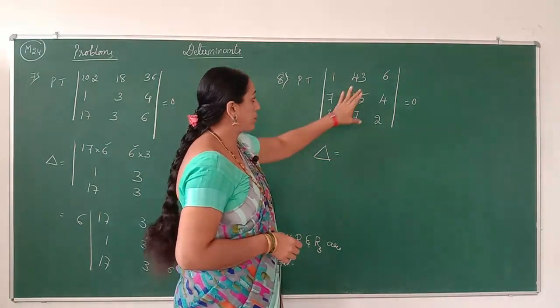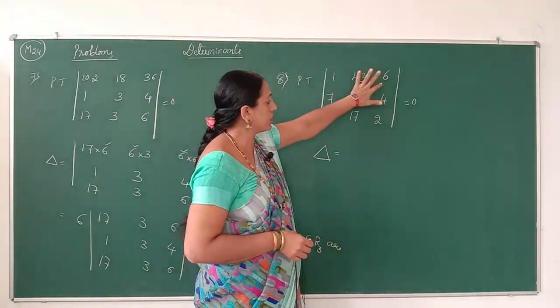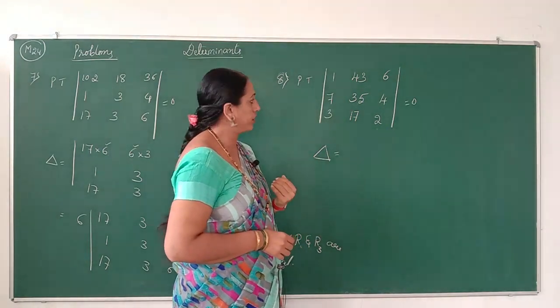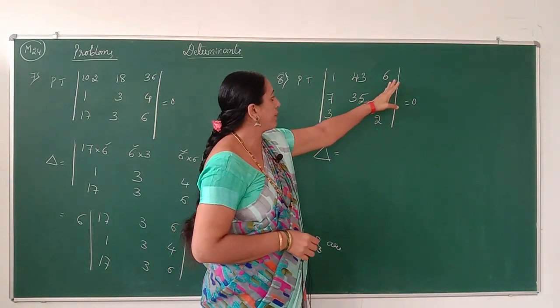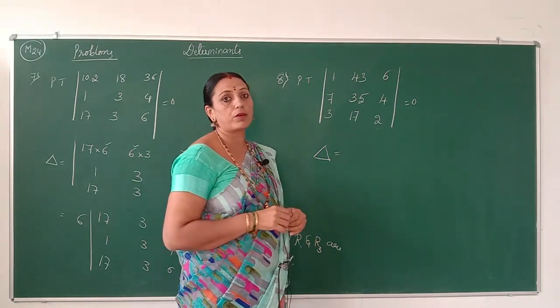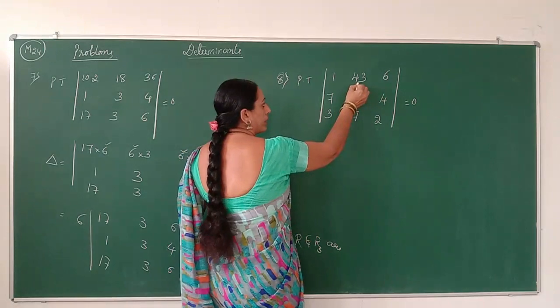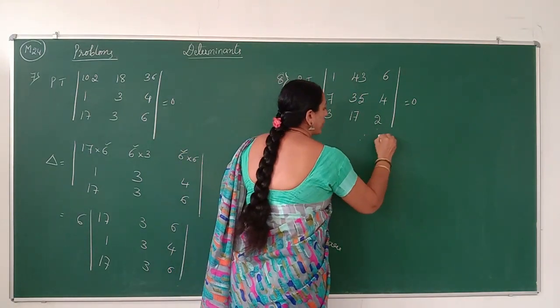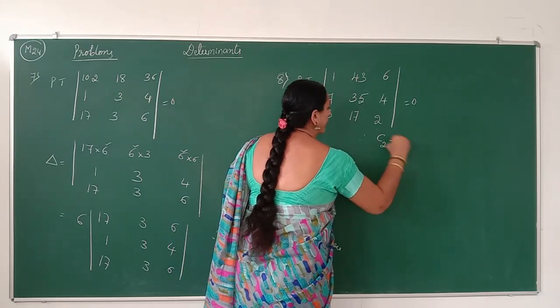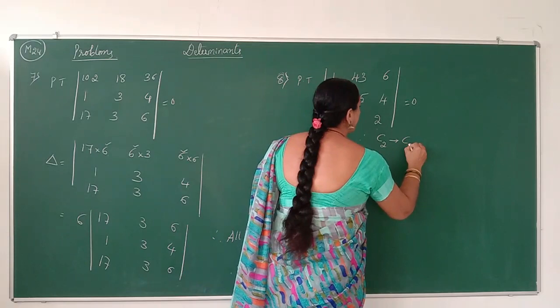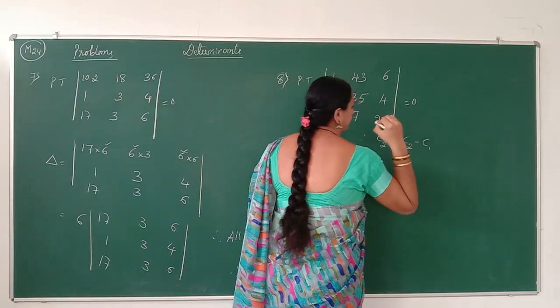So now it is simplified using the elements of the second column, where C2 is changed to C2 minus C1.